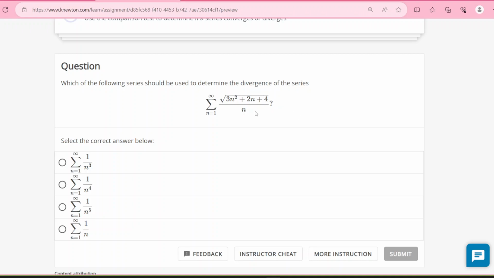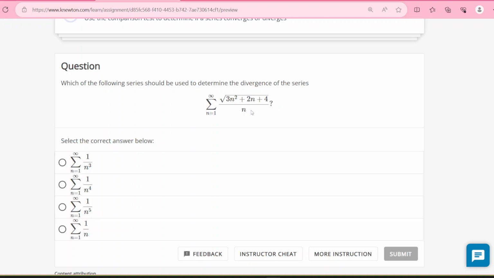I mean, this is kind of silly that they're having us do a limit comparison or direct comparison here. These terms are approaching the square root of 3, which is not 0.